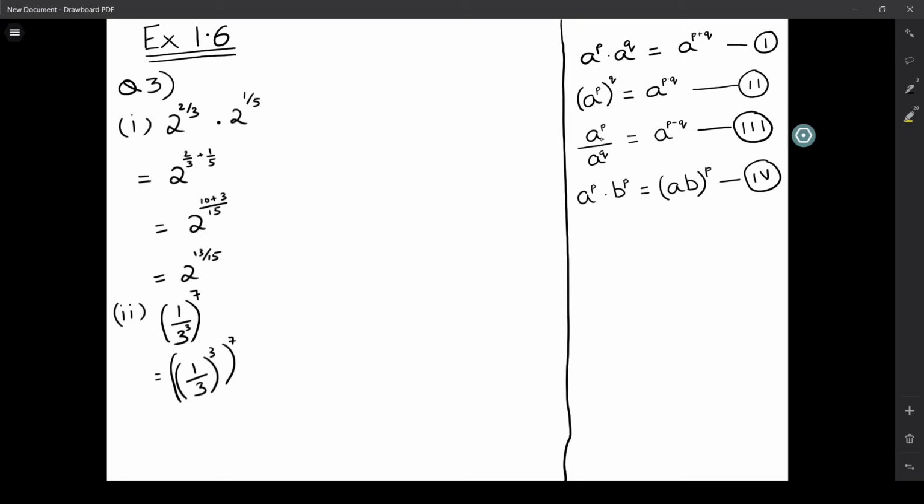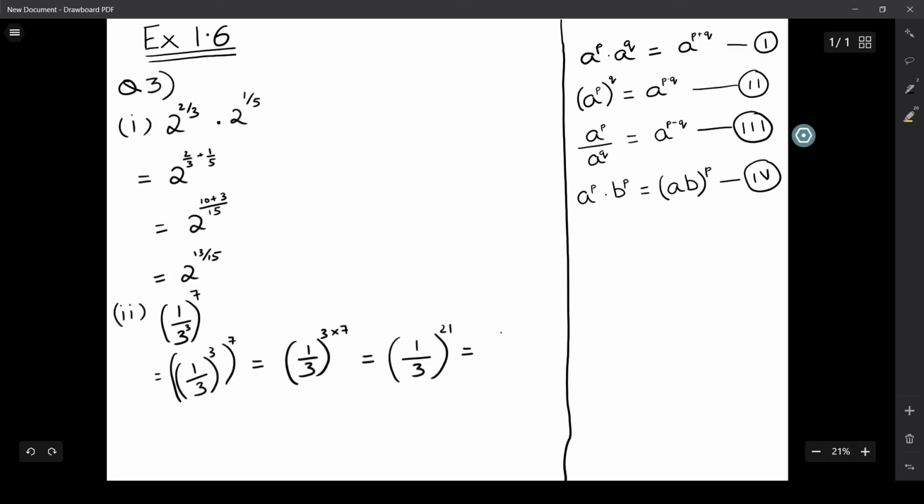Again, using the second formula out here, we get 1 by 3 whole to the power 3 into 7, which becomes 1 by 3 to the power 21.